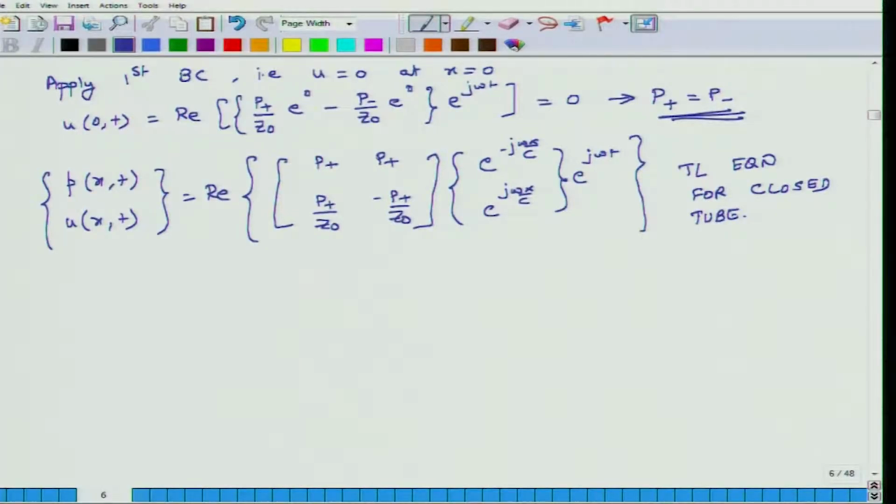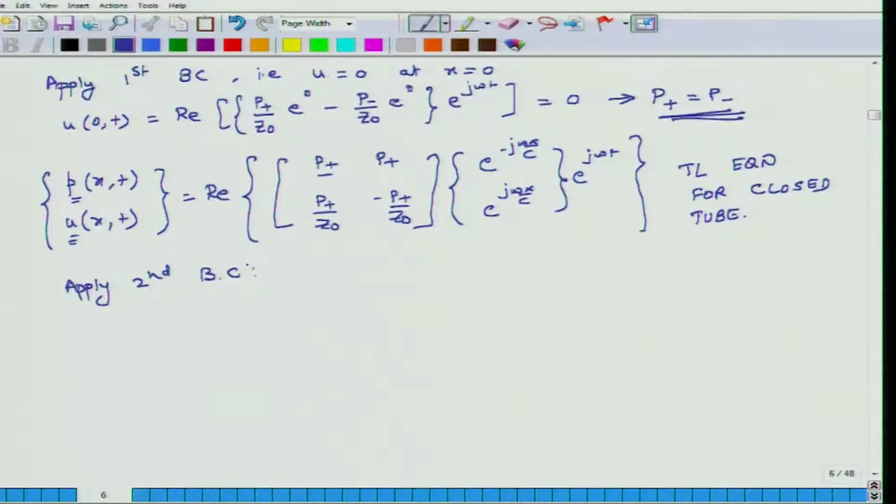So now we have three unknowns and we have two equations. So now what we will do is we will apply the second boundary condition.